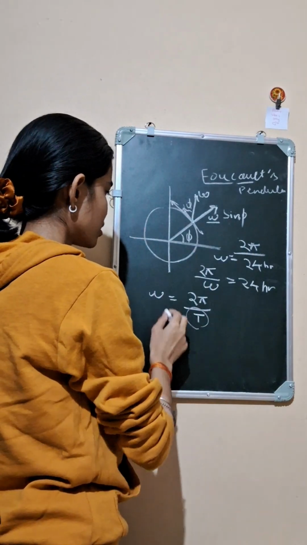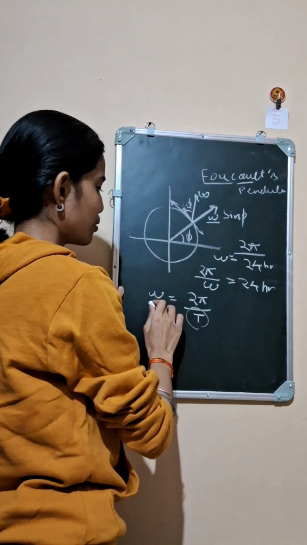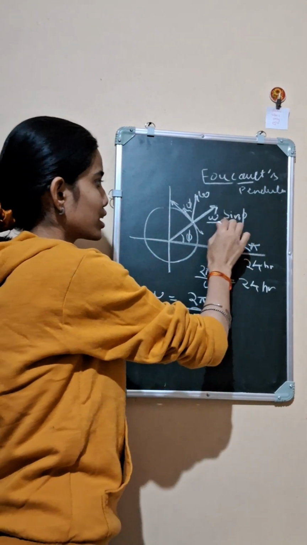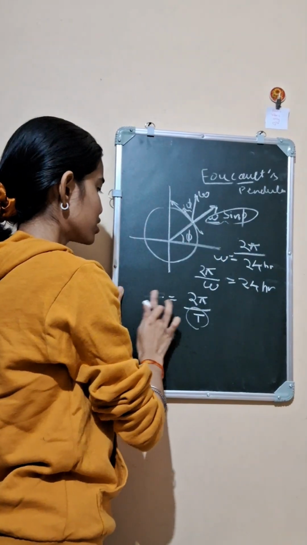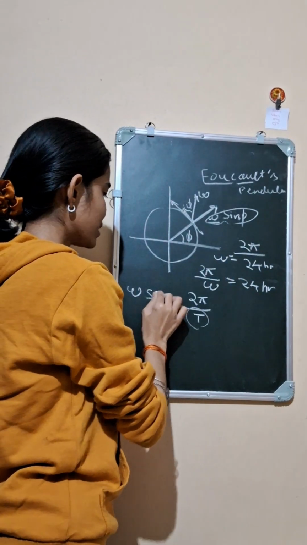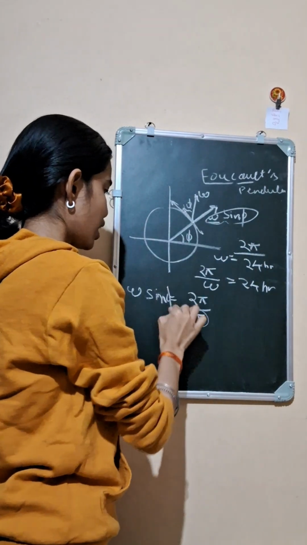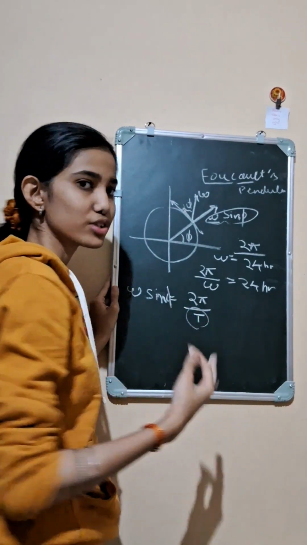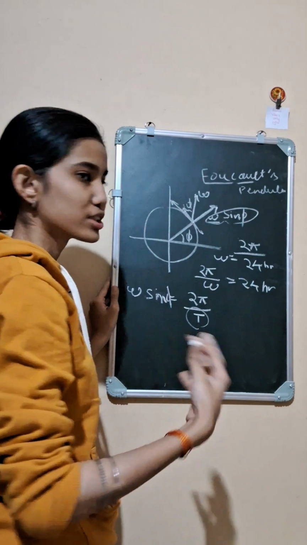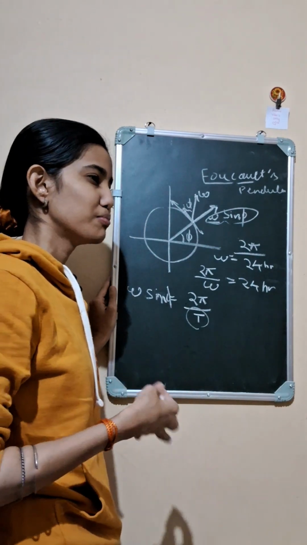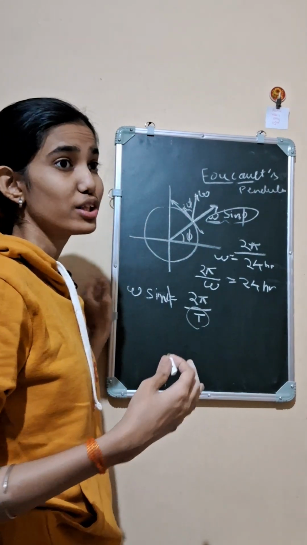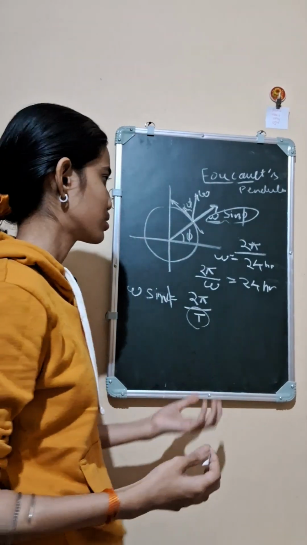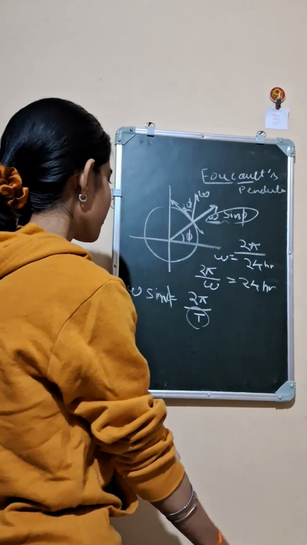We have to calculate it. Here the angular velocity of the Foucault pendulum is not omega, as we can see, it is omega sin phi. So instead of omega we will write omega sin phi. I hope we are clear. If any doubt arises, you can comment and I will try to make you understand, and in case you need an extra video about the topic, I will try to make it also.